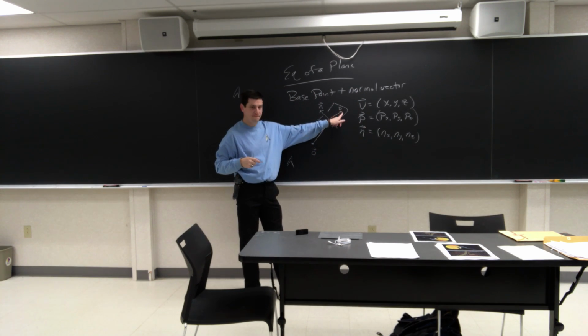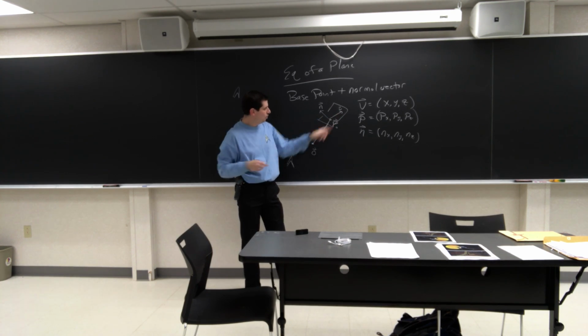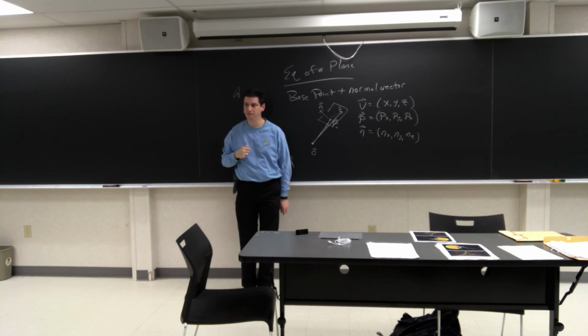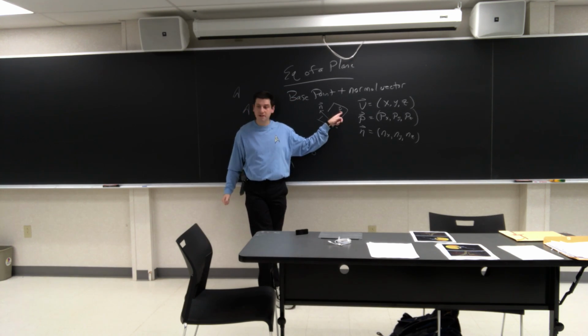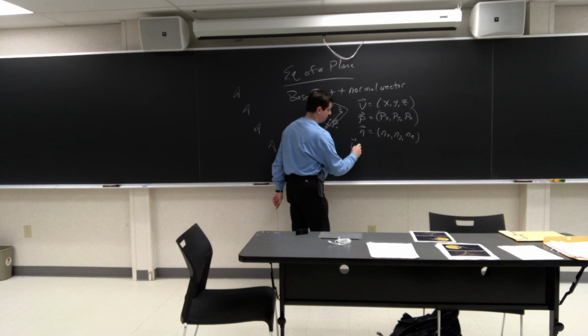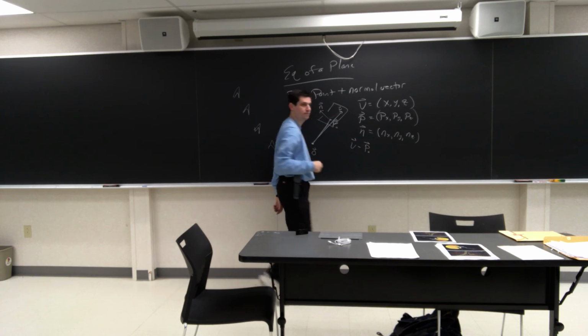So when I say v, am I talking about the distance from P here, or am I actually saying that these are my coordinates, it's this line coming all the way from the origin? If my vector is the vector x, y, z, I'm measuring it from the origin. What I want is the vector from P0 to v. So I look at v minus P0.